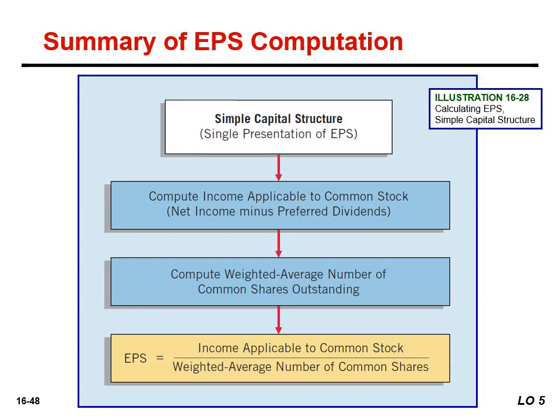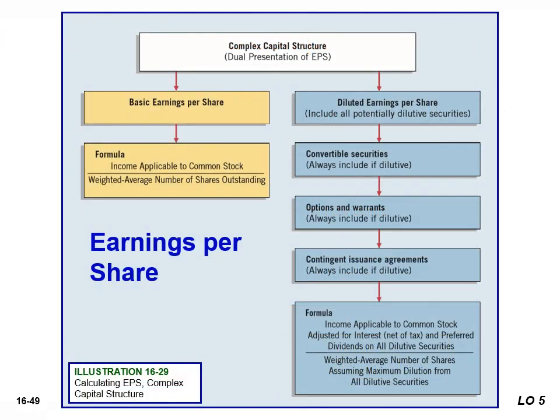This quick little graphic is to show you the simple capital structure. So you crunch out income applicable to common stock, weighted average shares outstanding, there you go. And remember, income applicable to common stock is net income minus preferred dividends. Here's a quick look, same graphic except we've expanded it to complex capital structure.